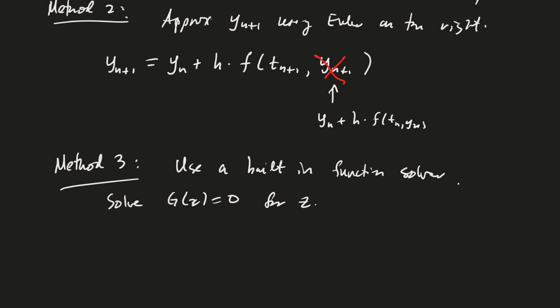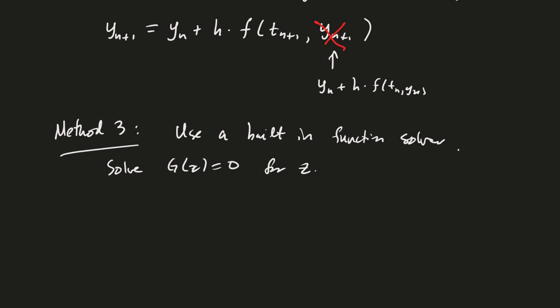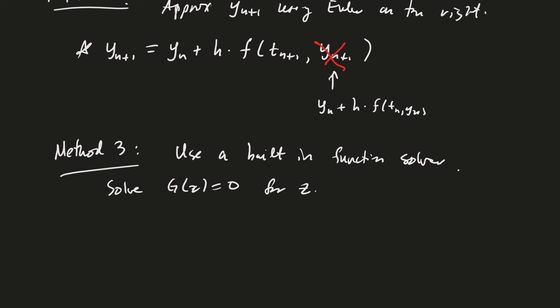And so then the problem we would have is to translate our algorithm into this function g, and then we would plug that g into the solver that's built in.